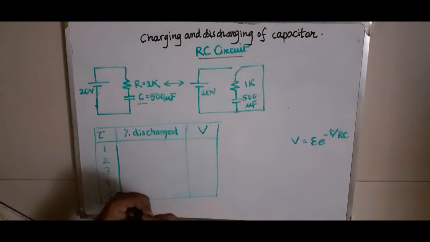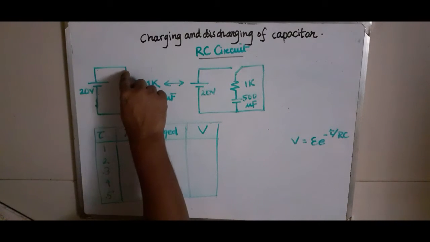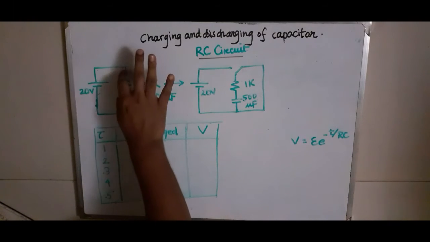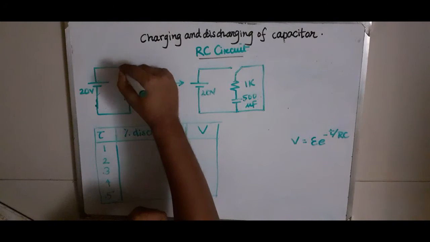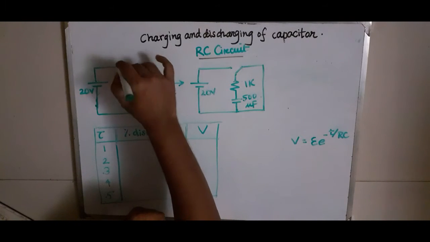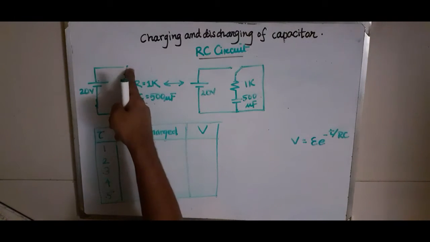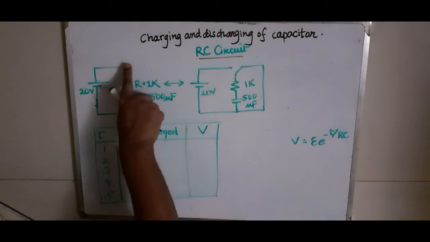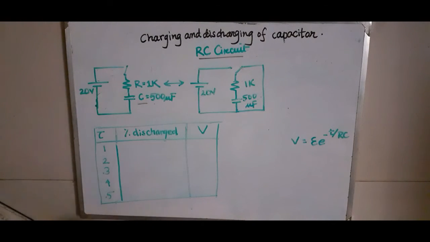Now just assume that there is a switch over here. Let's say there is a switch and it is being connected like this. So when the switch is pressed, it gets connected to this one, and this is how the circuit was.